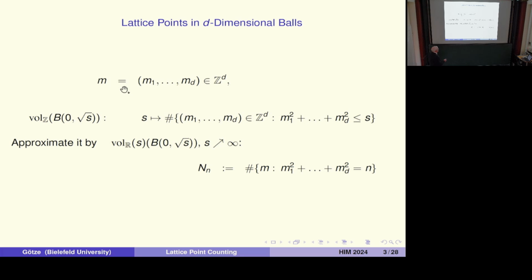So what we do, we count the number of lattice points on a squared radius which is an integer n. And if we want to compare now the number of lattice points with the volume, then it's obvious that if we take the squared radius over a certain interval I, then there are jumps in the counting function whenever lattice points are on the boundary of the ball, whereas the volume function is just differentiably smooth increasing.